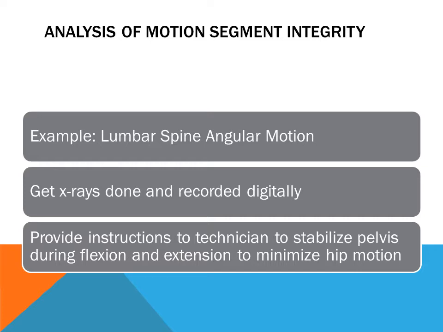So in order to measure lumbar spine angular motion, you need to have flexion and extension radiographs of the lumbar spine. And I always get these studies done at a local imaging facility where the x-rays are processed digitally. And having them processed digitally provides you with the measuring tools embedded right in the software that you can use to perform your measurements and assess the angular motion.